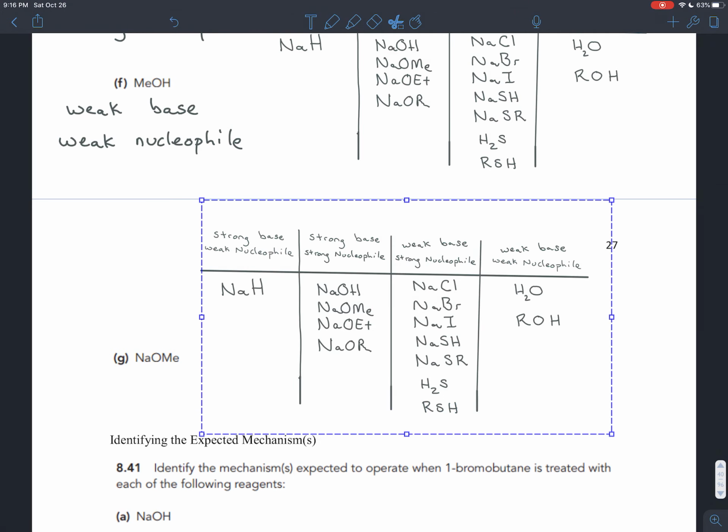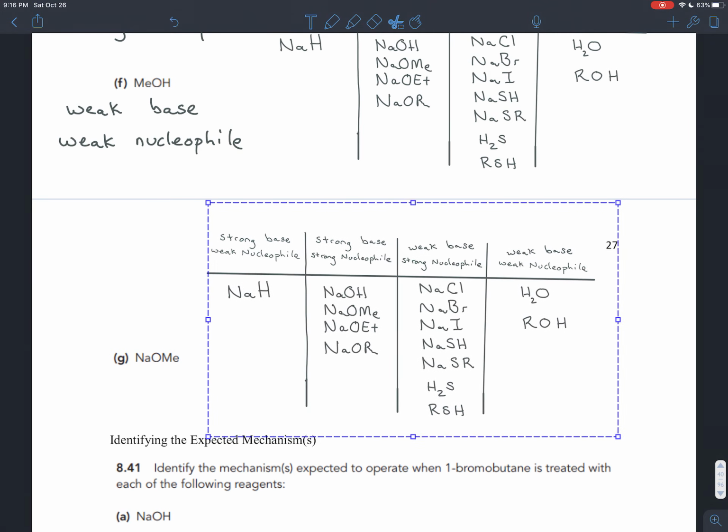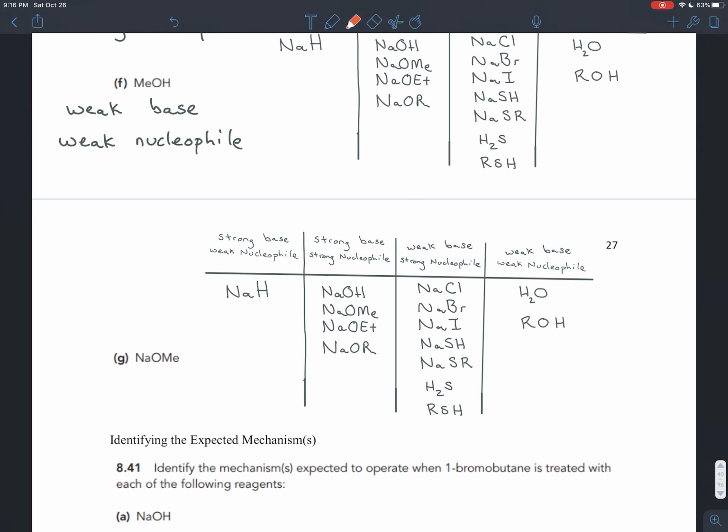Finally, in this last part, we have sodium methoxide. We have that O with an R group. Well, that's actually right here, that exact molecule. But O with an R group, that's in the same category. These are strong bases, strong nucleophiles. So this is a strong base and a strong nucleophile.